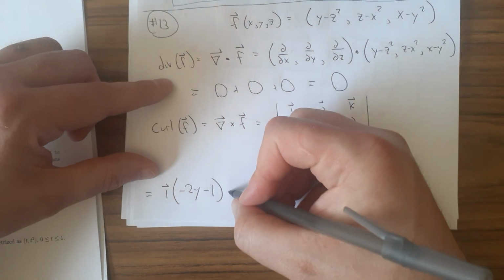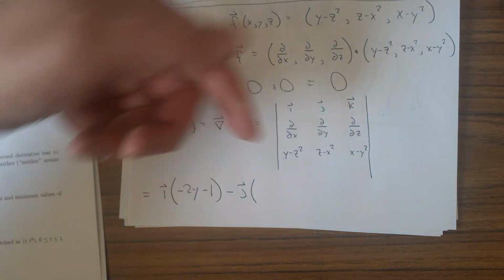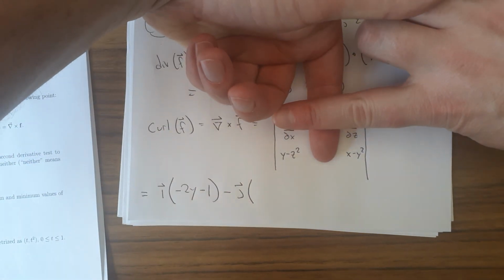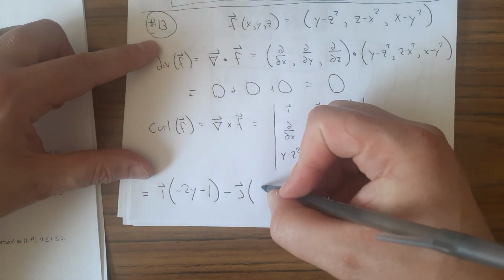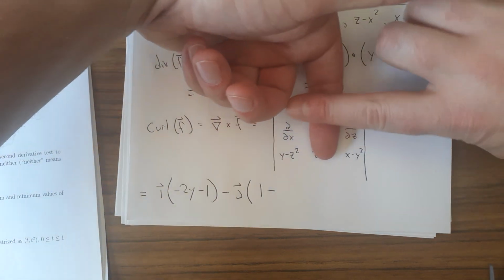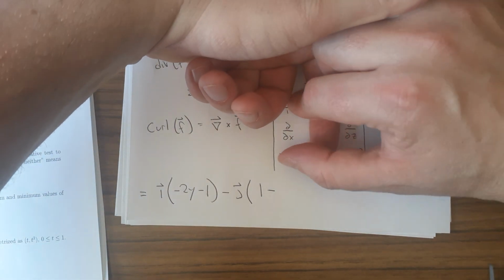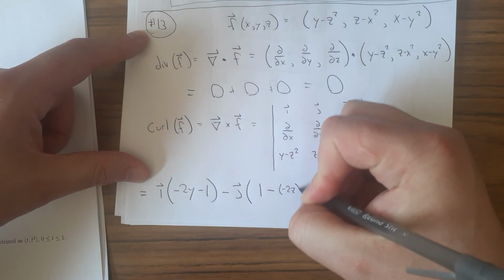So far, so good. Minus j times, okay, now I cover this and this. So partial with respect to x of this is 1. And then I'm going to subtract, okay, partial with respect to z of this is negative 2z.